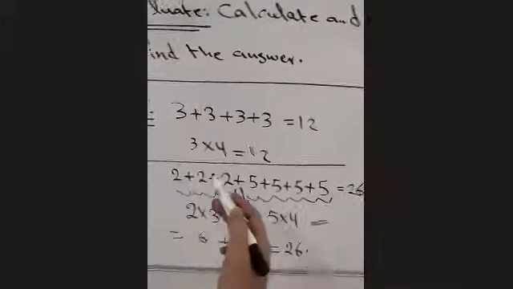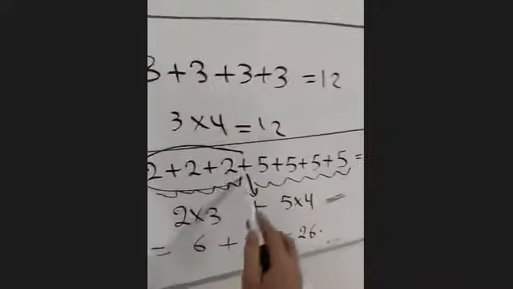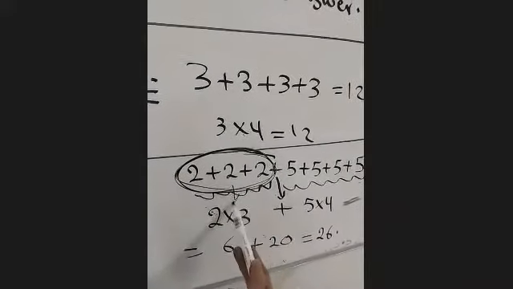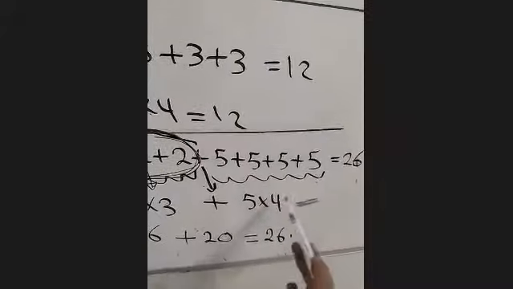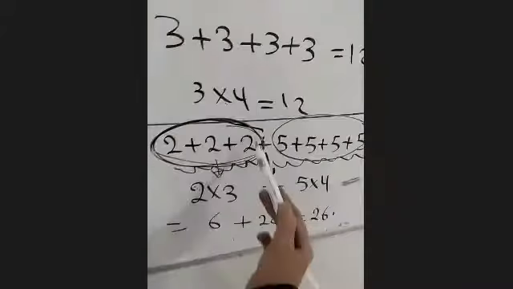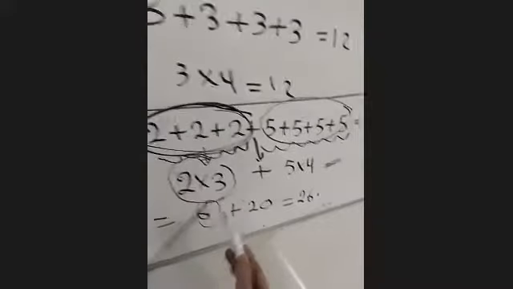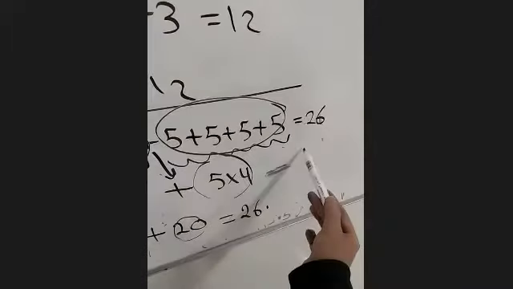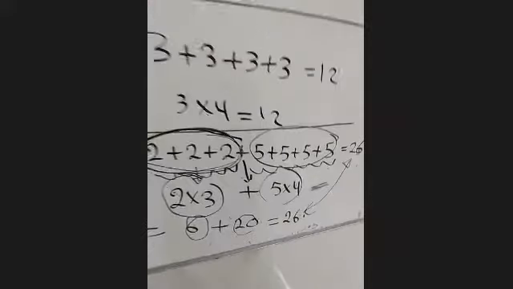So you can add directly and you have 26. Or you can collect the repeated numbers and write them by multiplication like this: 3 2's, 2 by 3; 4 5's, 5 by 4. Then the addition comes between them, and multiply this, it is 6, multiply this, it's 20, and if you add them, you will have the same answer.